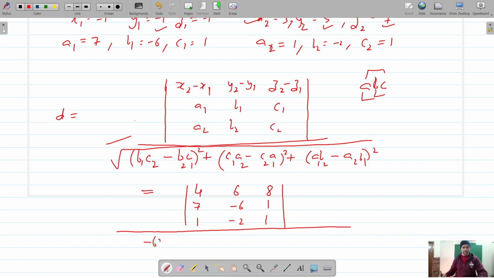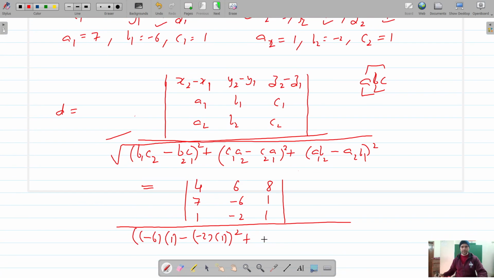In the denominator, b1 is minus 6 and c2 is 1, minus b2 which is minus 2 and c1 which is 1, the whole square.